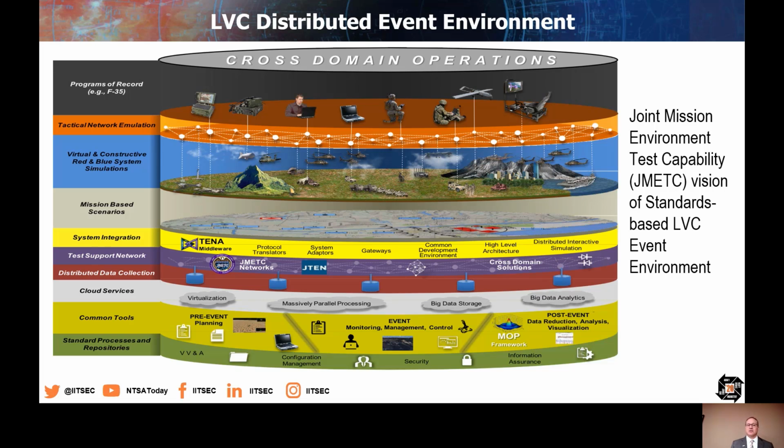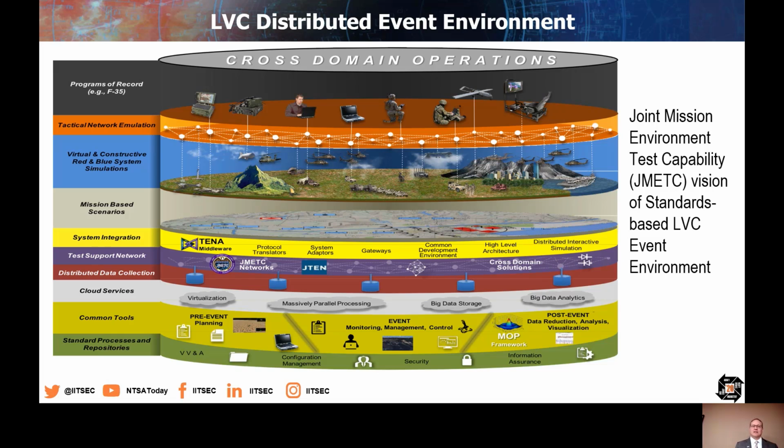Then you have a mission-based scenario, and then systems integration. This is where you'll find a series of interoperability solutions, which we'll talk about more later: Distributed Interactive Simulation (DIS), TENA, the Test and Training Enabling Architecture, and HLA, the High Level Architecture. Those are the solutions that communicate with the different simulations and enable interoperability.